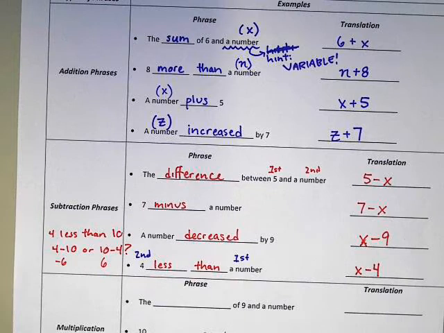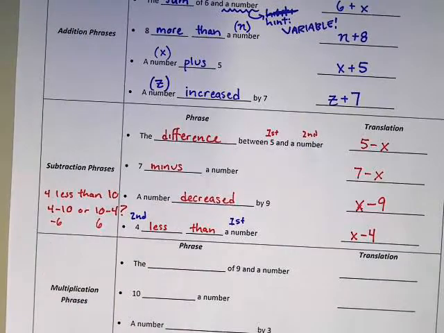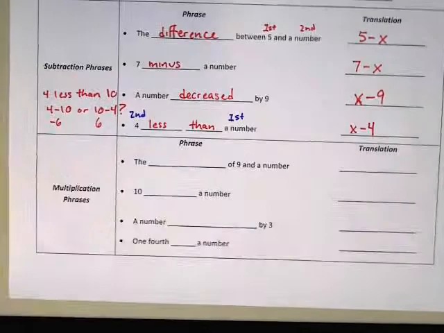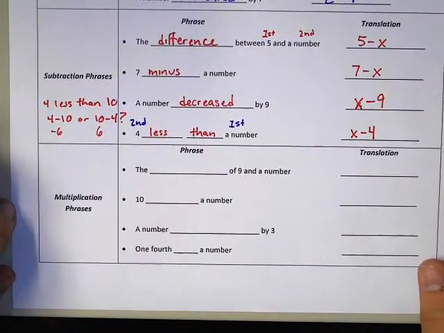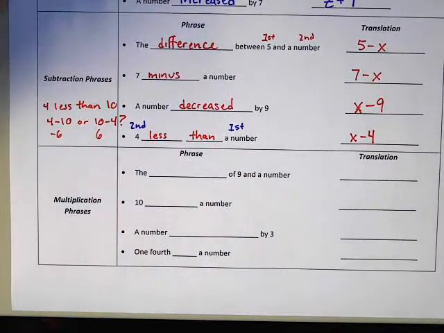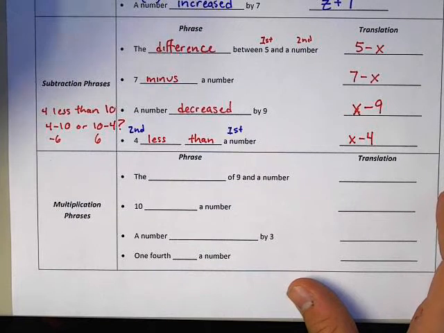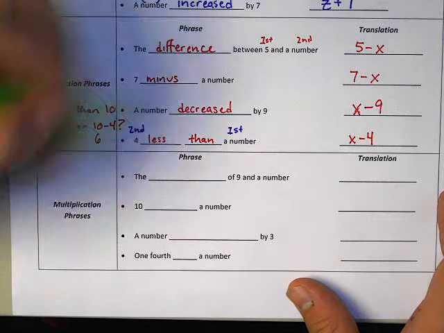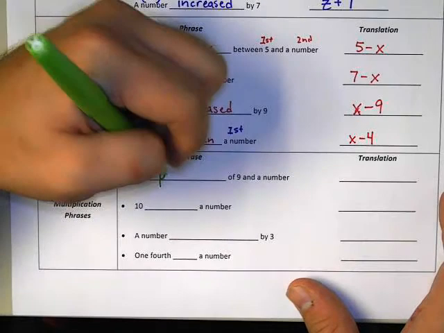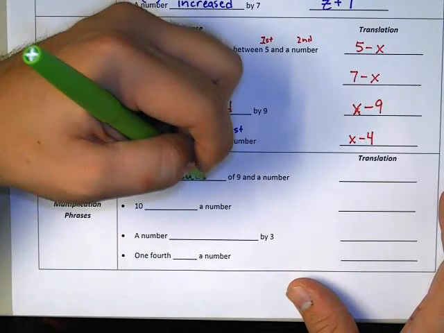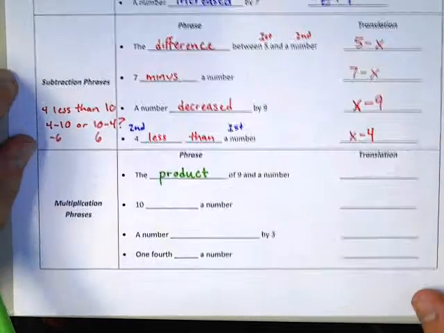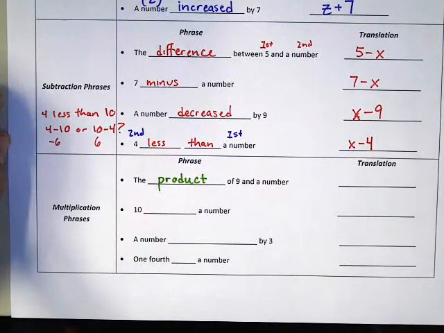Okay. Let's keep going. Maybe we'll change colors, and we'll go on to some multiplication phrases. These aren't too bad. Similar to addition being sum, and subtraction, difference, the word for multiplication is always product. The product of 9 and a number. Now, we have multiple options here, and I'm okay with either.